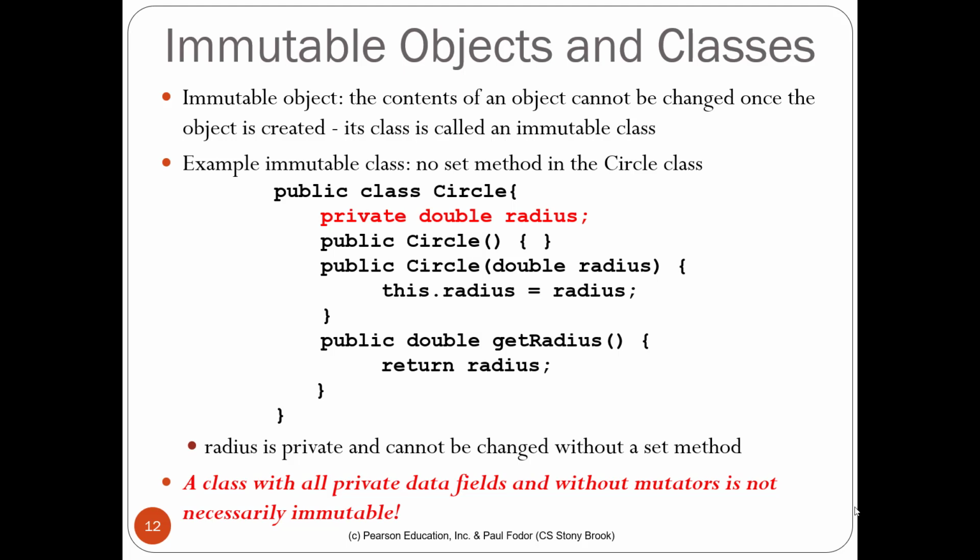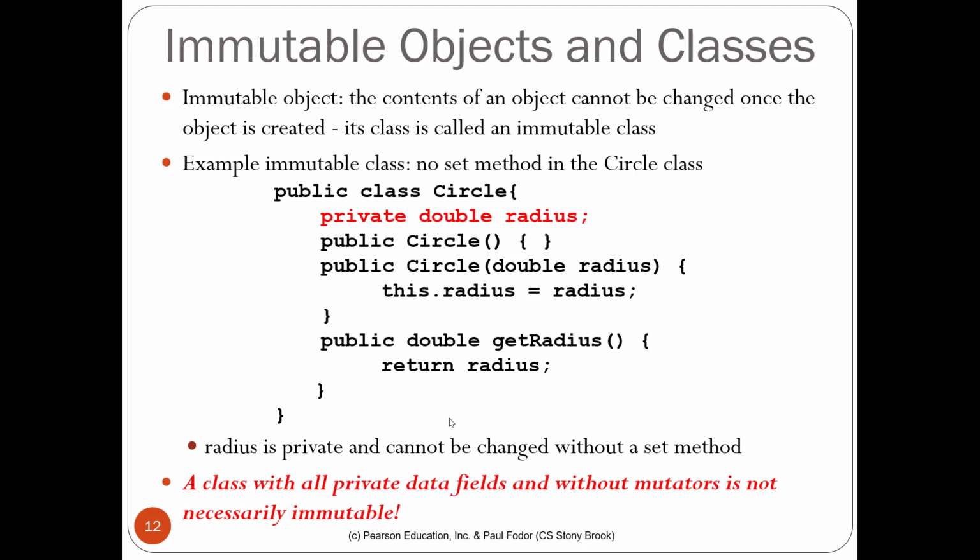Okay, so let's look at this example that we have. Now if we modify our circle class in such a way that we are keeping radius as private, we have done that in our example as well, but probably we had a setter there. If you remove all the setter methods from there, or all mutators from the class definition, then there won't be any way you could change the object that you create.